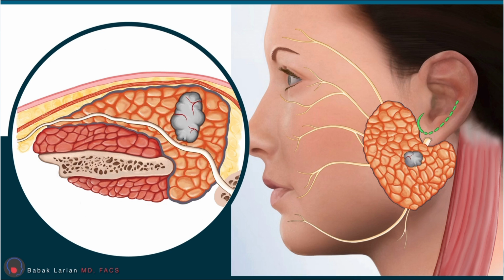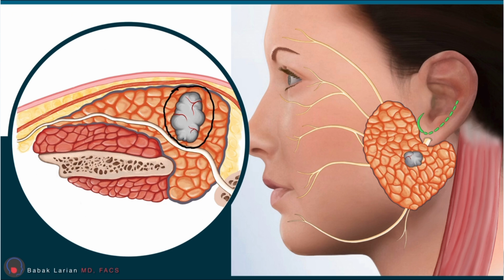And then as we got wiser and smarter, we started looking at our data, and we noticed that for the benign tumors, if we remove the tumor along with a little bit of extra parotid tissue around it, the chance of recurrence, the chance of injury to the facial nerve, everything is similar.